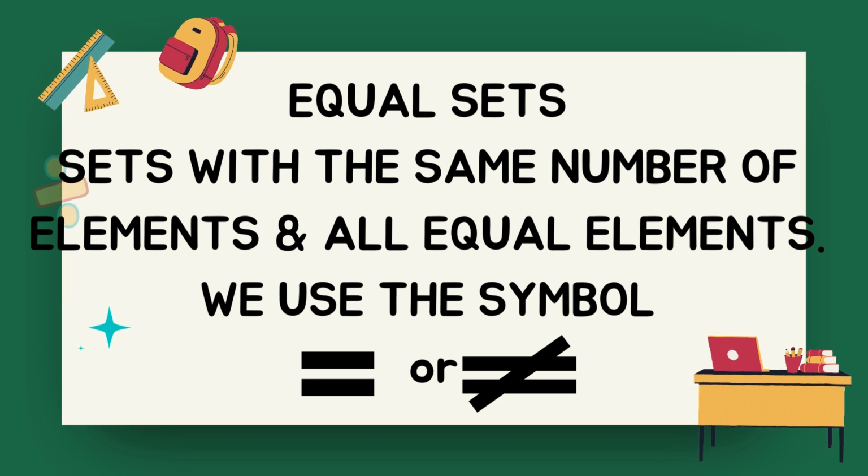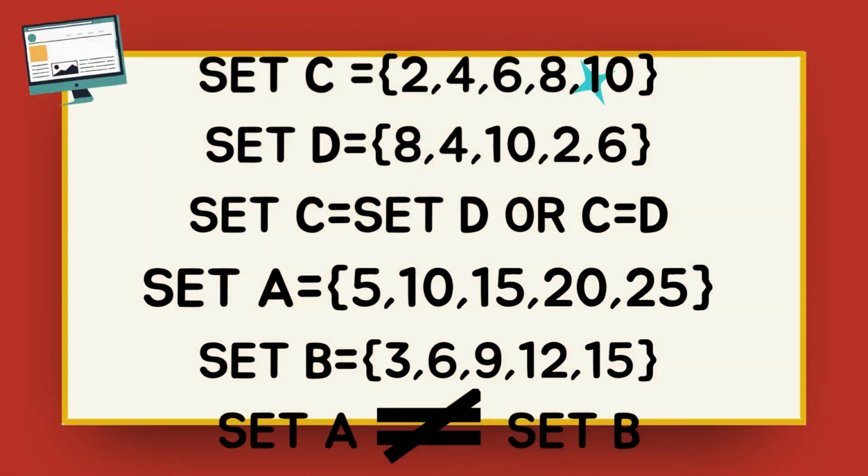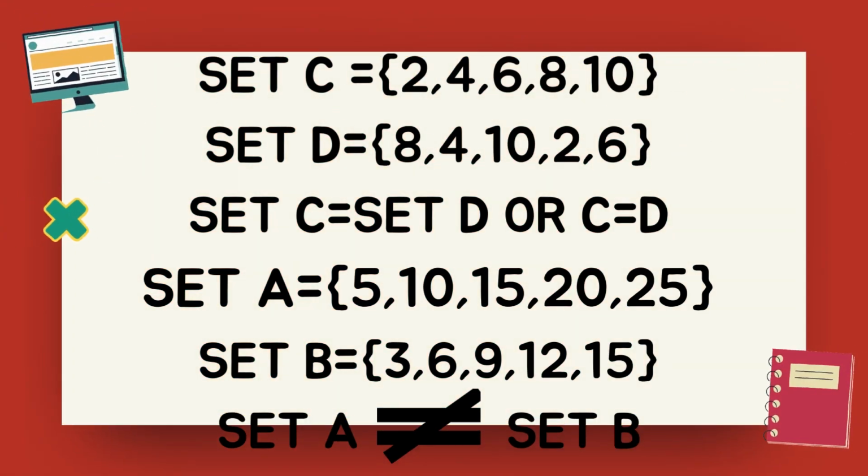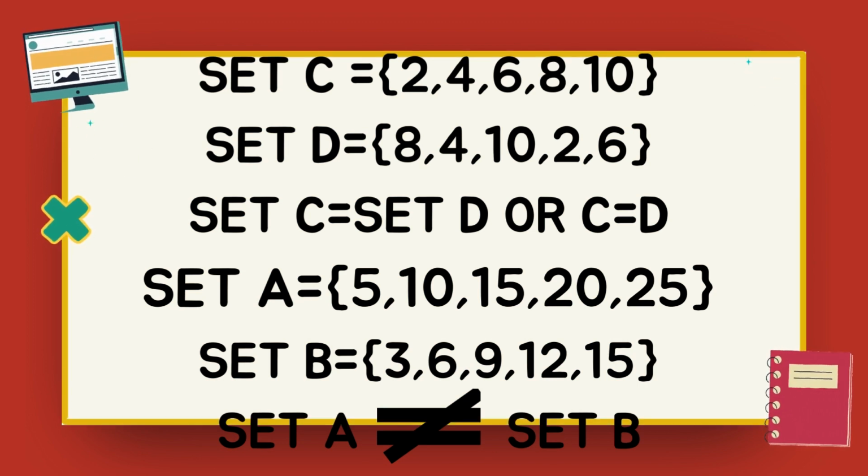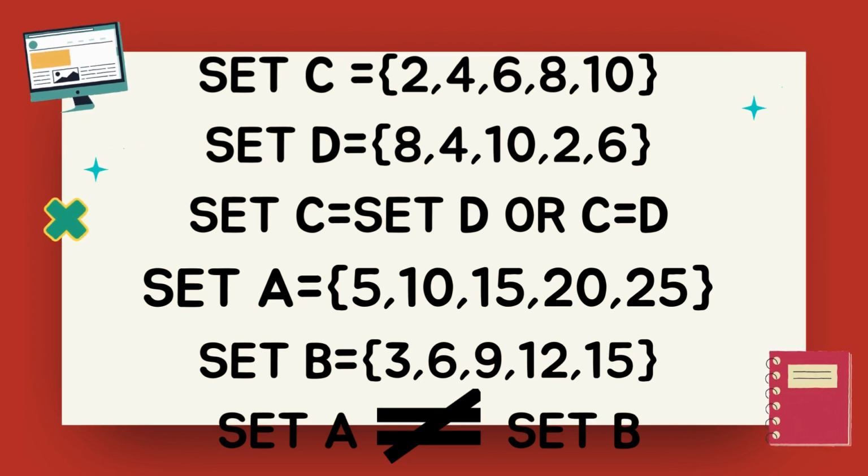Let's look at 2 examples. Set C equal 2, 4, 6, 8, 10. Set D equal 8, 4, 10, 2, 6.